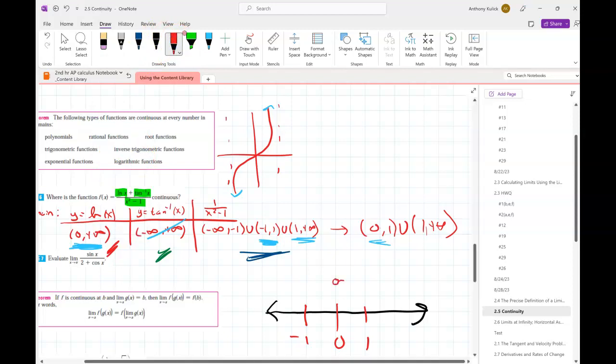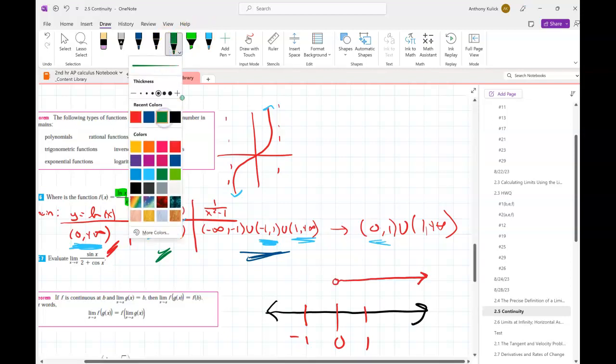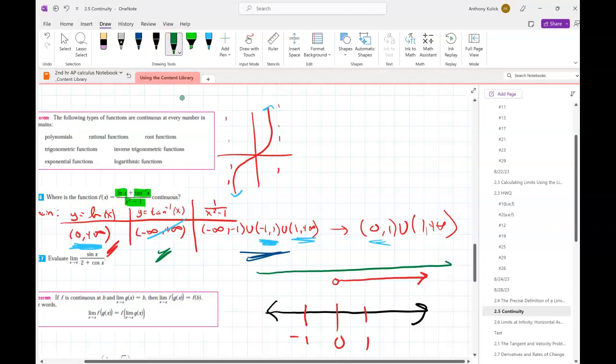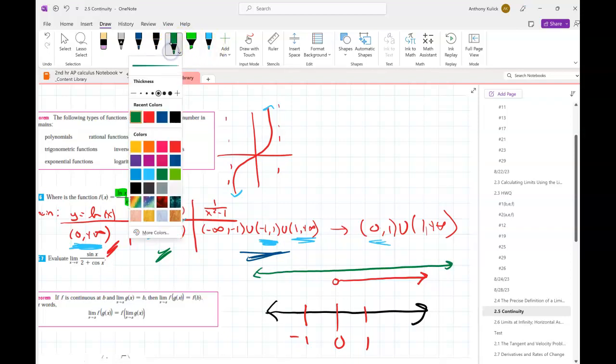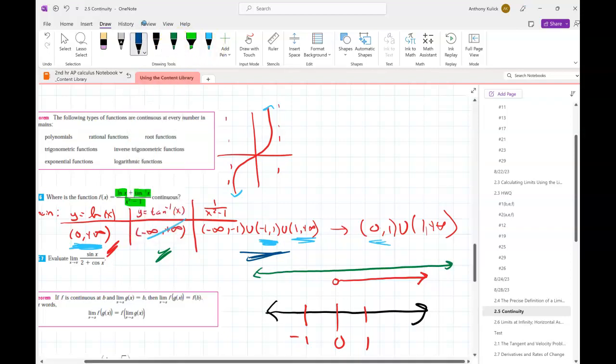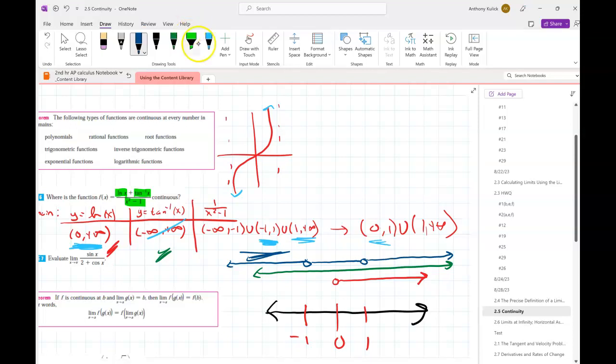So I have red, I have green, and I have my blue. So the overlap between all three of these lines happens here and here: 0 to 1, 1 to positive infinity.